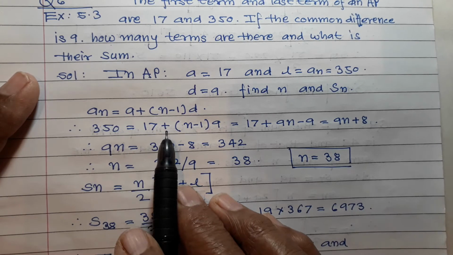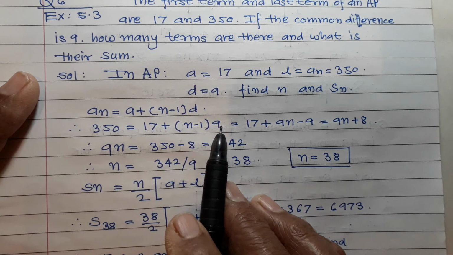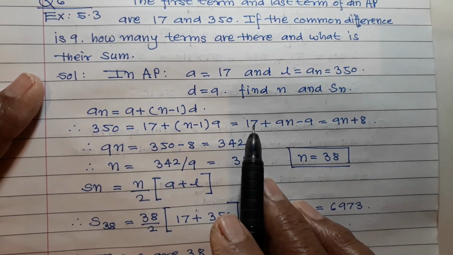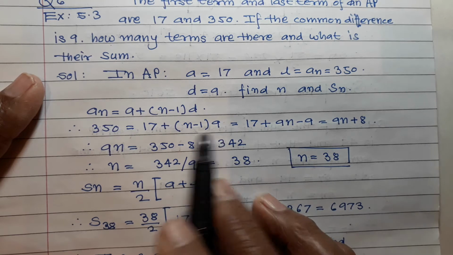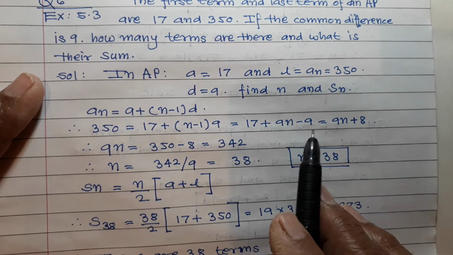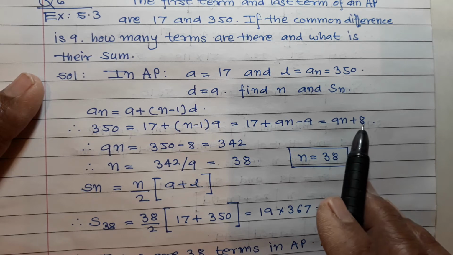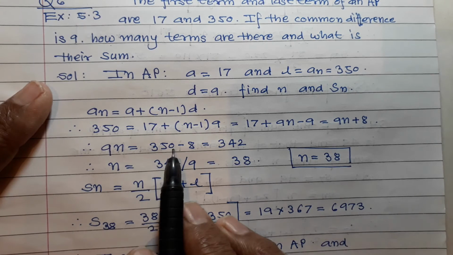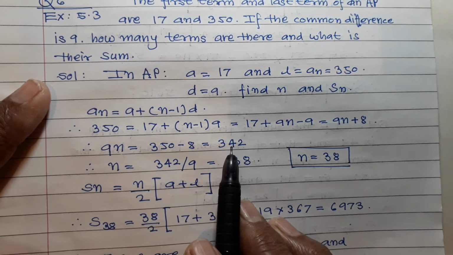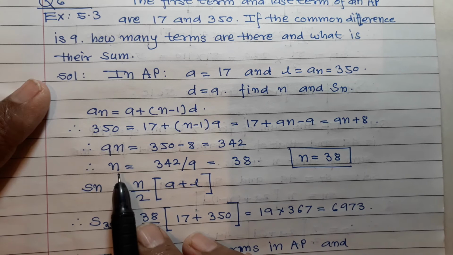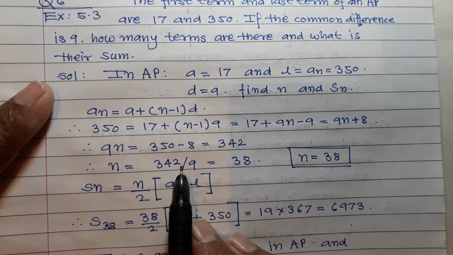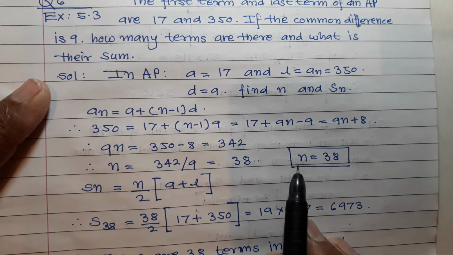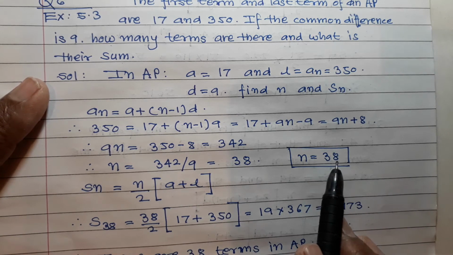to 17 plus (n minus 1) into 9, and therefore 350 is equal to 17 plus 9n minus 9, which is equal to 9n plus 8, and therefore 9n is equal to 350 minus 8 is equal to 342, and therefore n is equal to 342 upon 9 is equal to 38, and hence n is equal to 38.